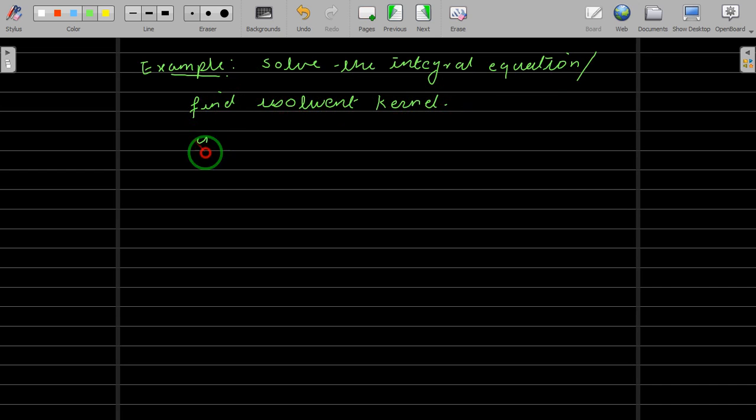And the equation is y(x) equals f(x) plus lambda integral from 0 to 1 e raised to x minus t y(t) dt. So for this integral equation you have to find the solution, or in other words you have to find the resolvent kernel, right? You can start simultaneously, but let me write this.